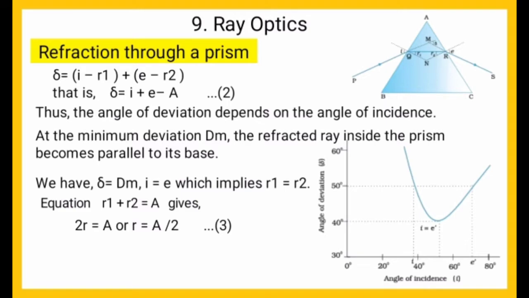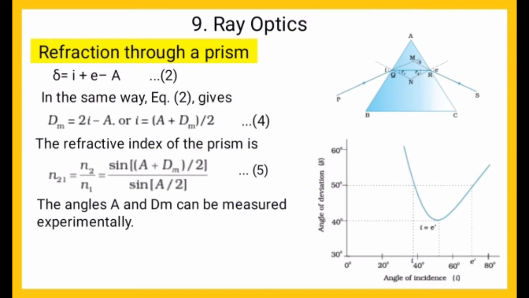This is equation number 3. We know delta is equal to i plus e minus A, that is equation number 2. In the same way, equation 2 gives delta m is equal to 2i minus A, or i is equal to (A plus delta m) upon 2. This is equation number 4.